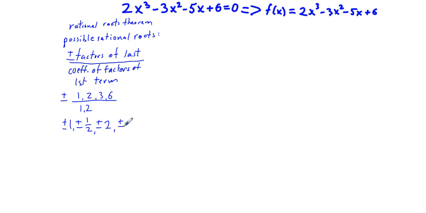Then we have plus or minus 3 over 1. And then we have plus or minus 3 over 2. And finally, we have plus or minus 6 over 1, which is plus or minus 6. And we also have plus or minus 6 over 2, but we've already represented 3 here. So we call these possible rational zeros.